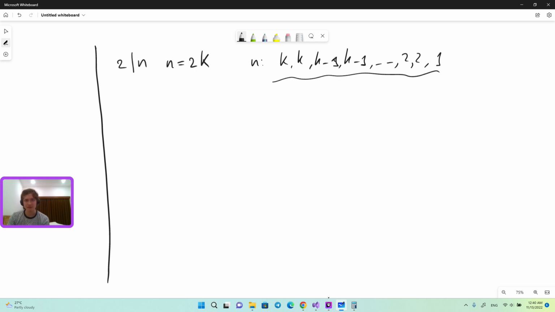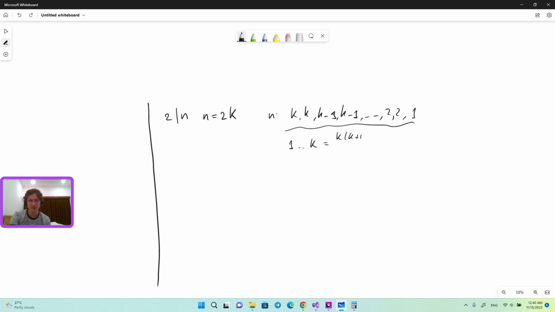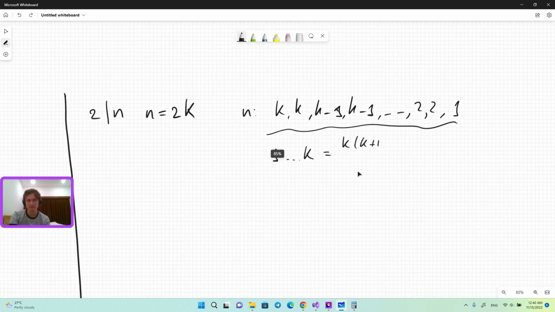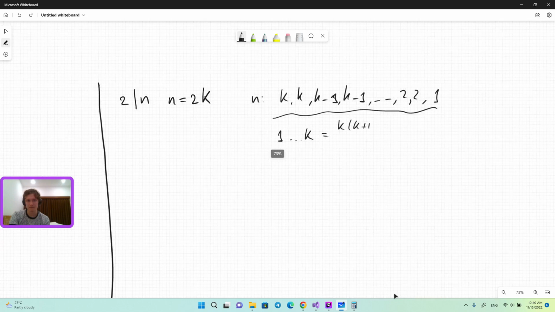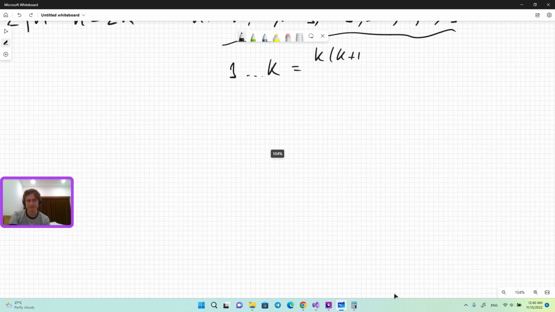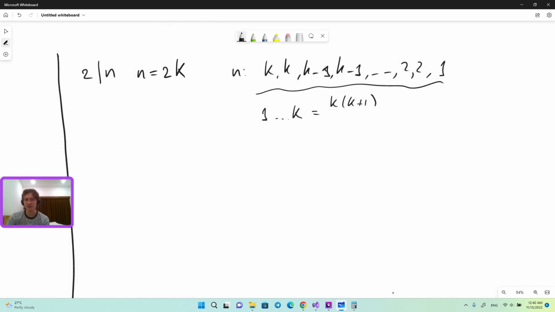The sum of numbers from 1 to k equals k times k plus 1 halved. So the sum that we have here is 2 times this number, but we counted 1 twice, so minus 1.